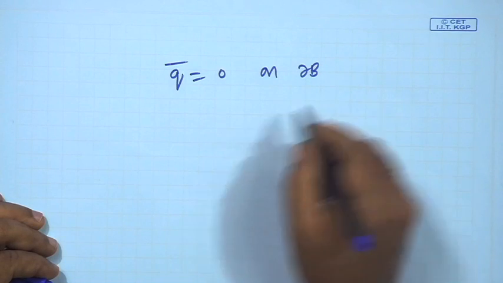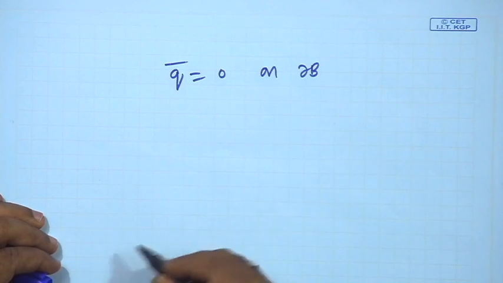Okay. One important point here is that in much of the literature they indicate that q bar equals 0 is no slip. I would like to make a point about this. Here we are writing q bar equals 0 on some boundary, and they comment that this is a no slip condition.